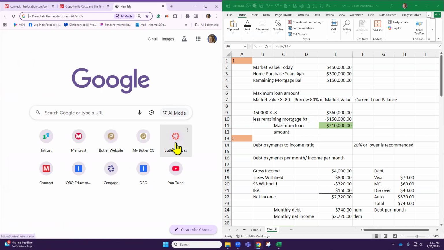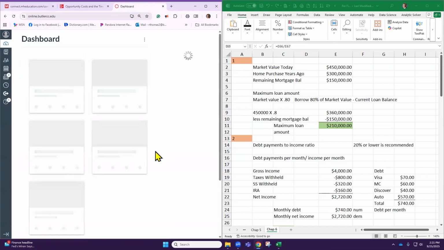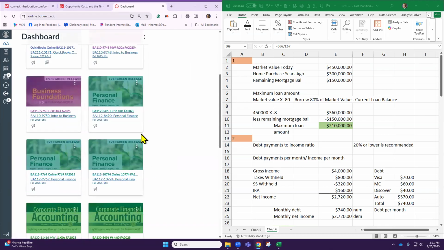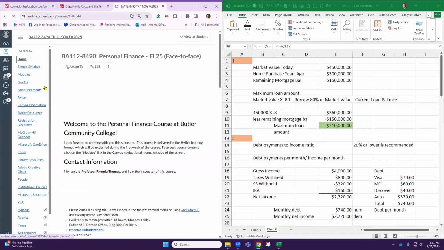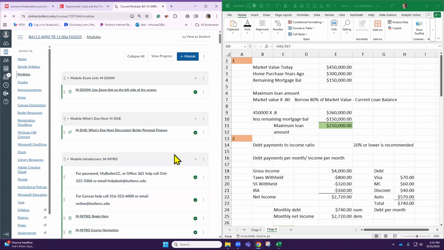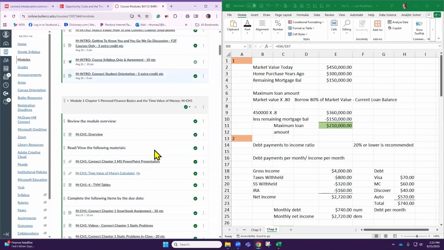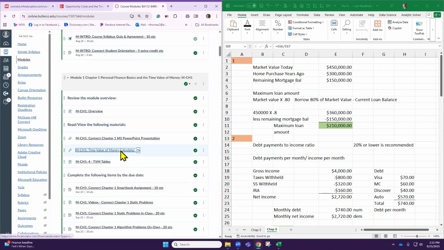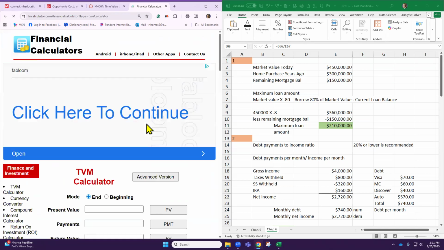I forgot to do that, of course. So let me go into Canvas, and then we'll go to modules, and we'll scroll down to get the time value of money calculator ready to go.